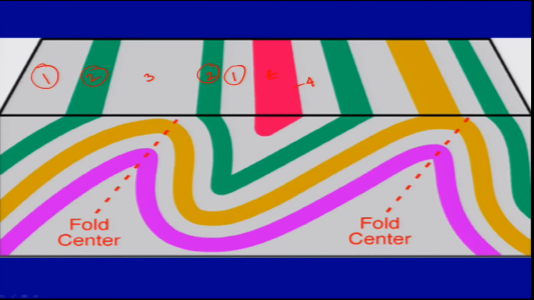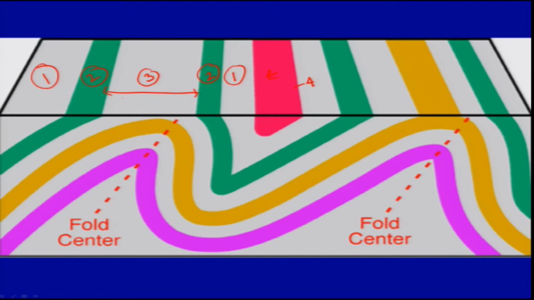That is an important part which you can make out, and also that this white layer, which is the 3, is comparatively wider than the others. This is because it is the top of the crust, or the crest of the anticline.